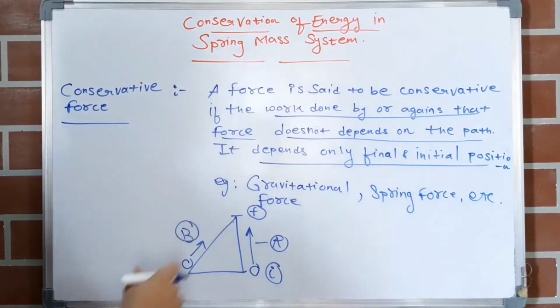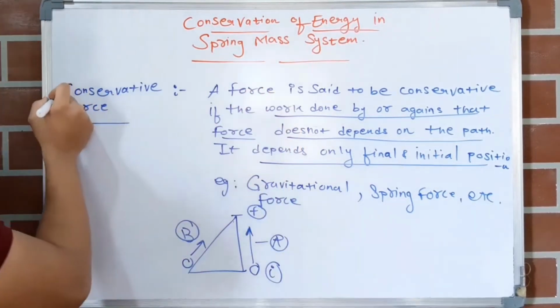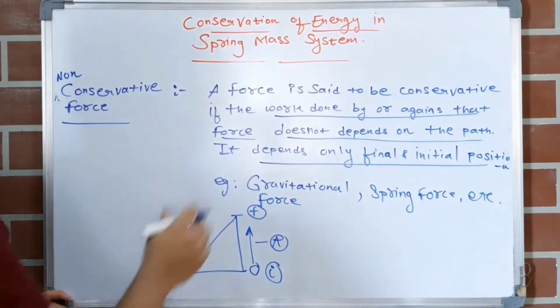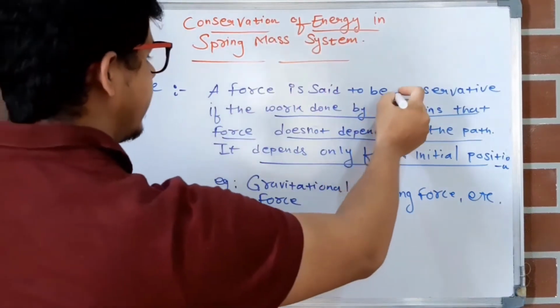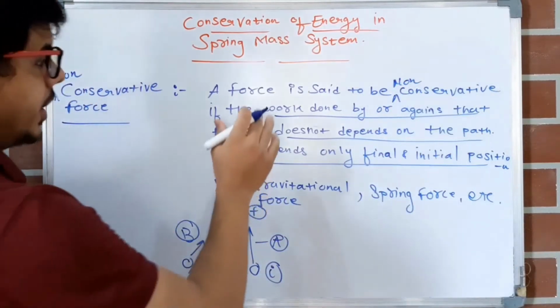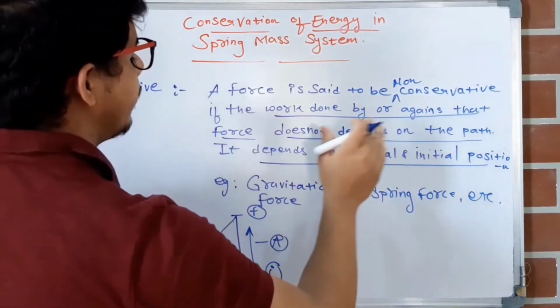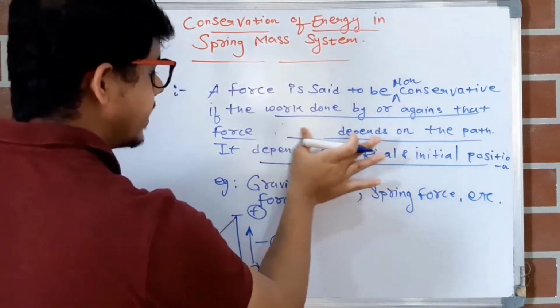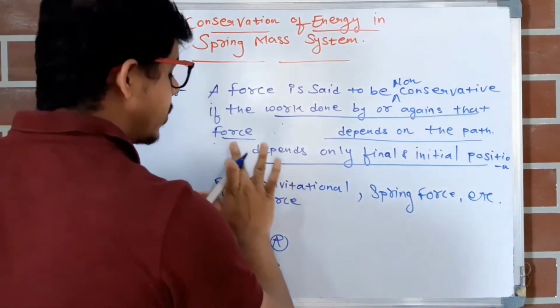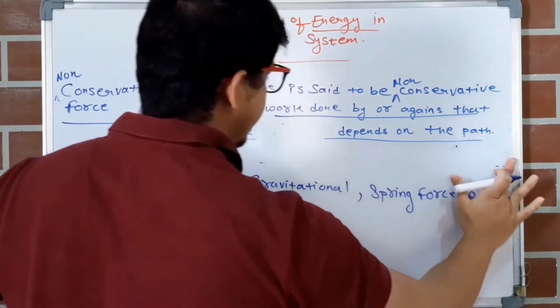So the only difference is this: I will write here, a non-conservative force. A force is said to be non-conservative if the work done by or against that force depends on the path. It does not depend on the final and initial positions.